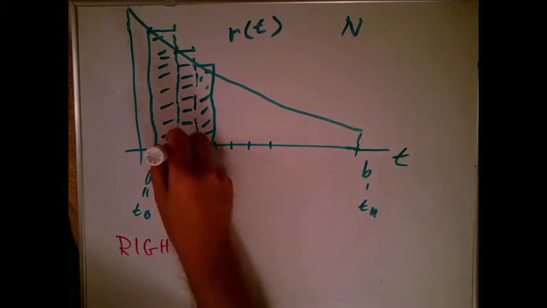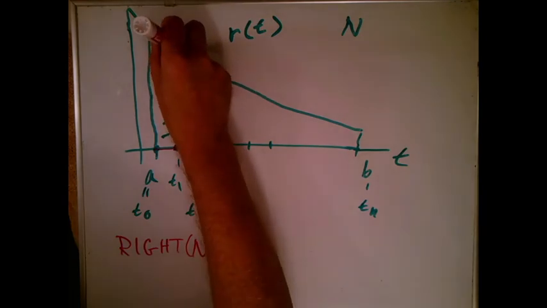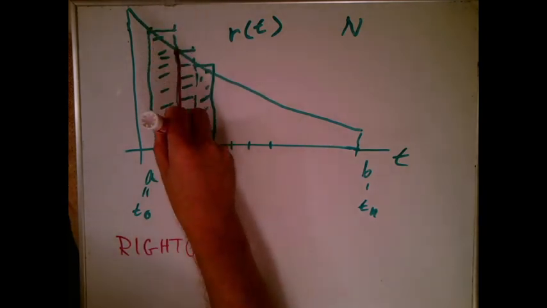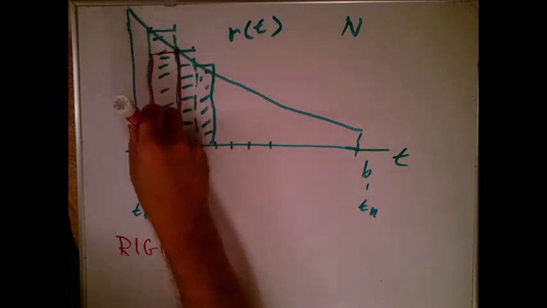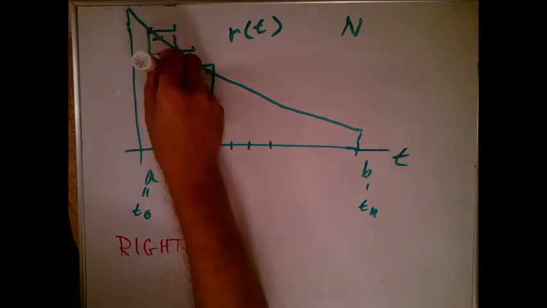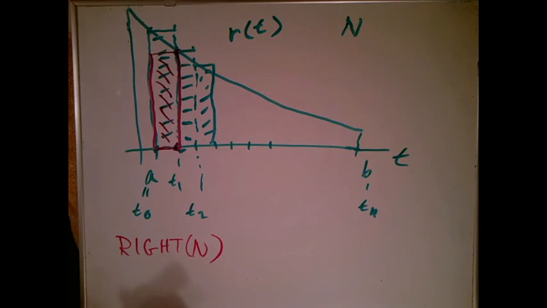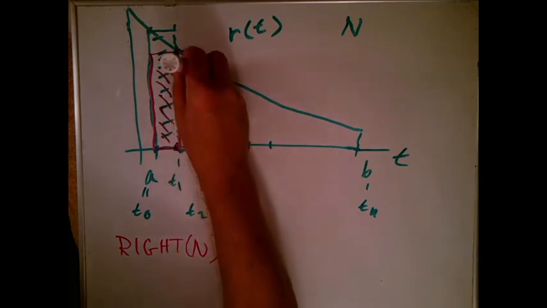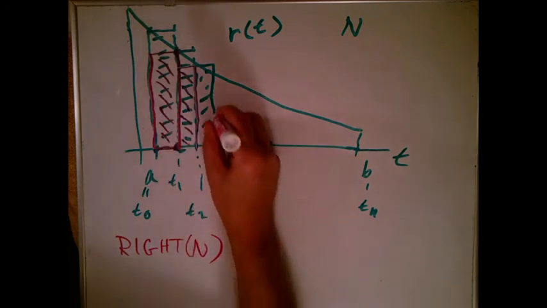So I go to the right endpoint of my first interval, and I go up to the graph. If I draw the side here, I'll get this. If I use that dot to draw the top, I'll get this. And I'll try to draw the shading just a little bit different. So you can see the pink shading is for the first rectangle of the right sum. The second rectangle will look like this. The third rectangle will look like this.